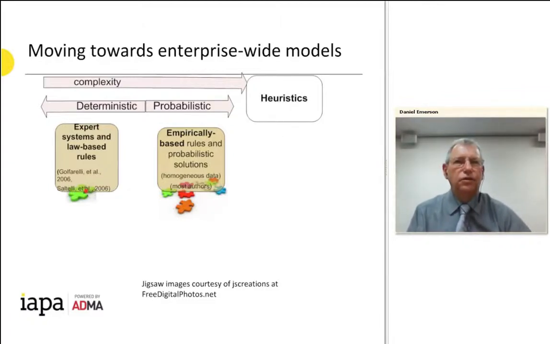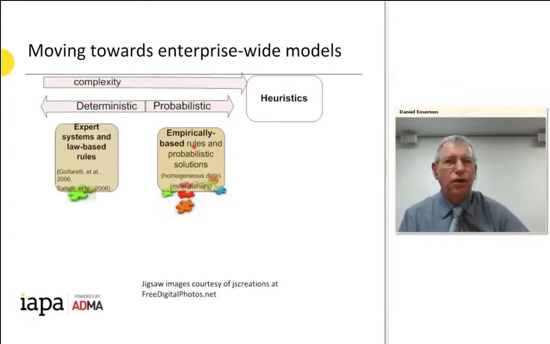On the other hand, as the dimensional size of the data increases, it becomes more difficult for the human to understand, and so we rely on these empirically based methods such as the regression models, and so on.